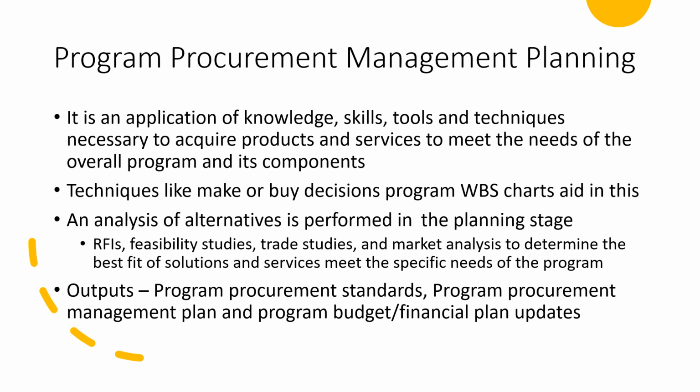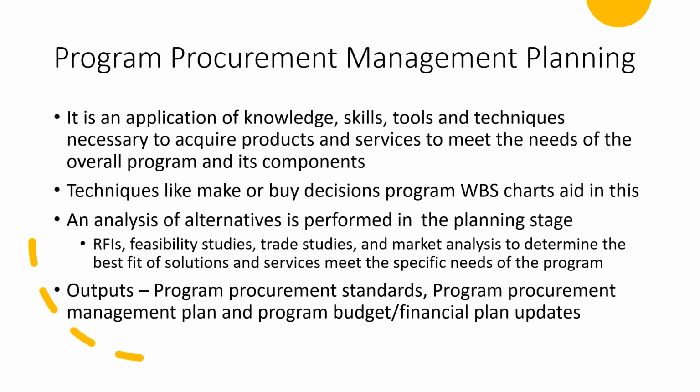Based on this WBS chart or make-or-buy, an analysis of alternatives is performed in the planning stage. Then you can use tools like RFIs, feasibility studies, trade studies, and market analysis to determine the best fit of solutions and services to meet the specific needs of the program.